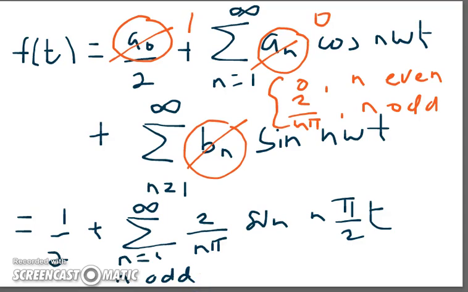Okay, so with this mentioned in the equation, we know that this 2 over n pi multiplied with sin(n pi t over 2) is only valid for n odd. Okay, so overall, this is the answer for our Fourier series expansion for this example.